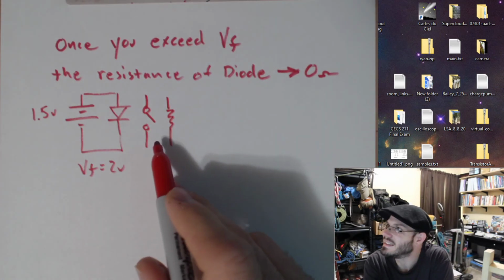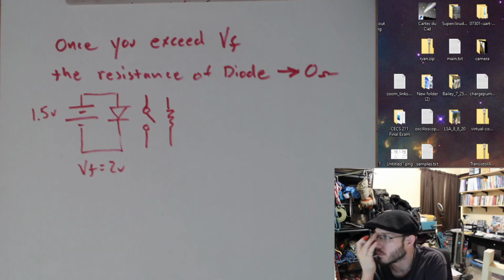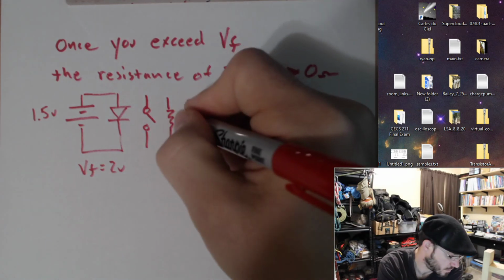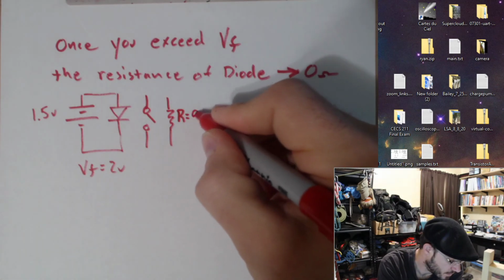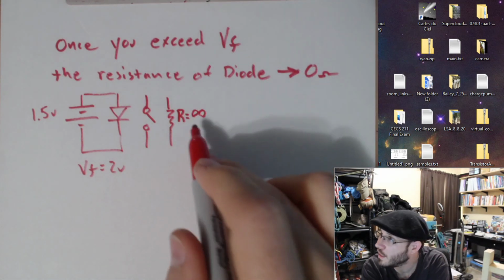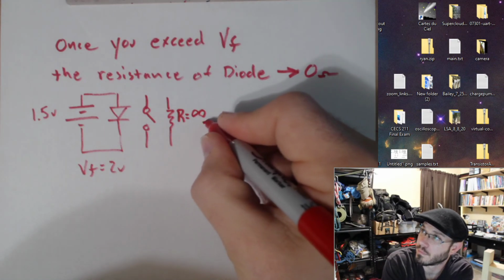How much resistance is an open switch? Yeah, really good open switch should be infinite ohms.